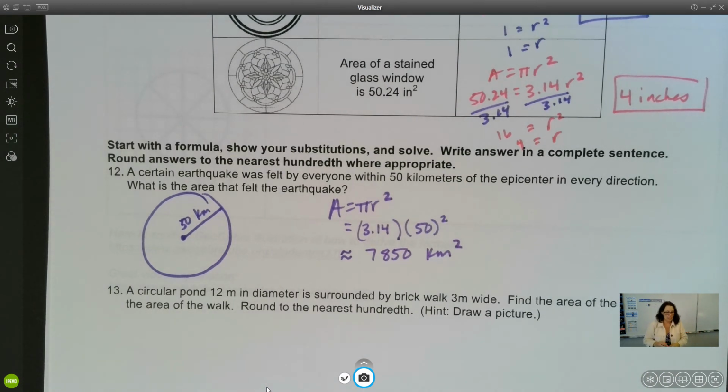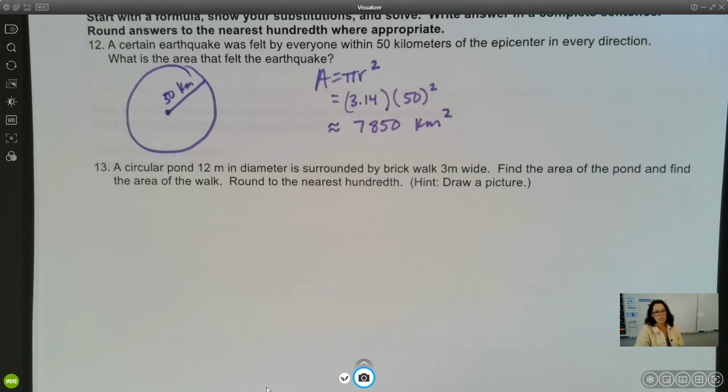All right, number 13 is a great problem. This is the one I usually have on a test.